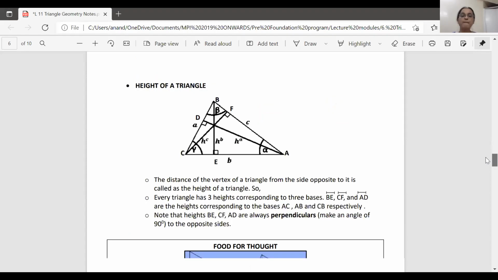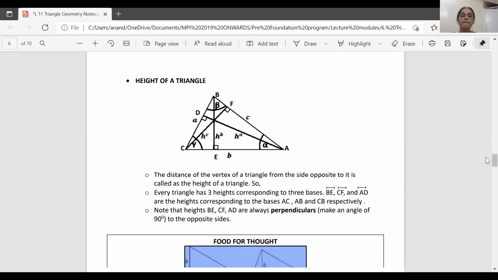Now one more term we will be learning with respect to a triangle. If I'm drawing any triangle, and I want to measure the height of the triangle, how am I going to do it?